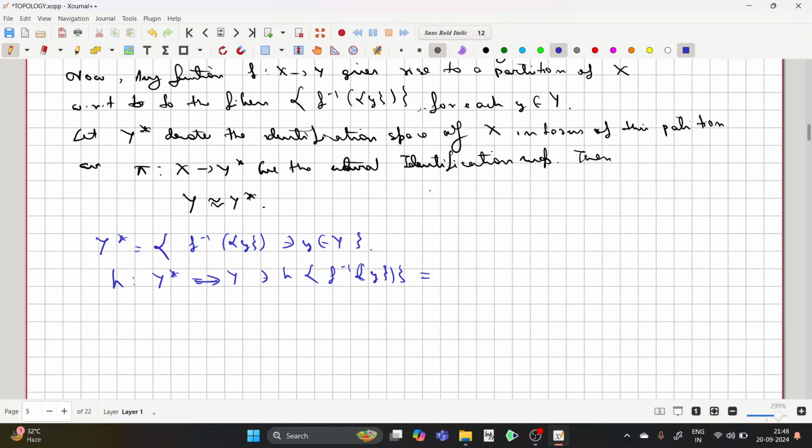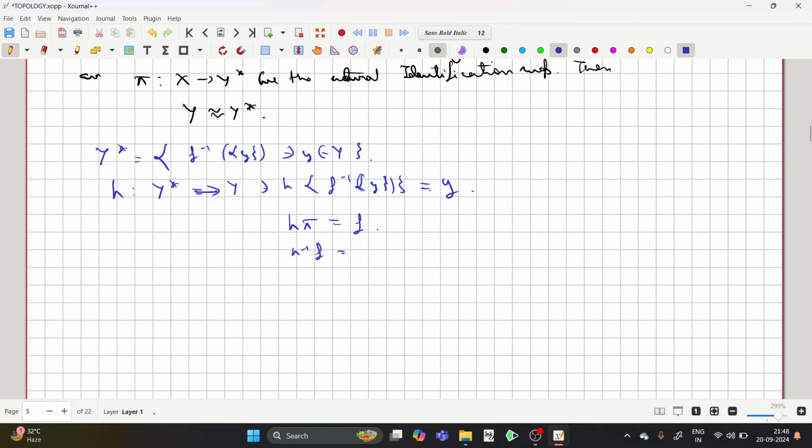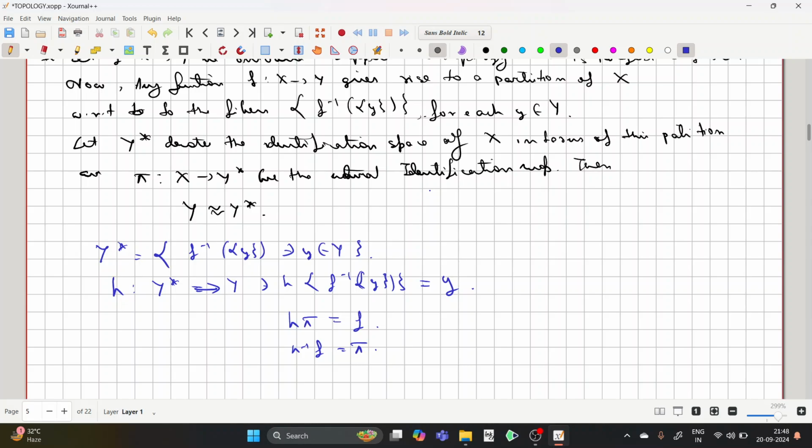Yeah, I'm sending it to y. That makes complete sense. How is it useful? Observe that h pi is f, and this implies h inverse f is pi. Clear? So h pi is f because pi is the identification map.